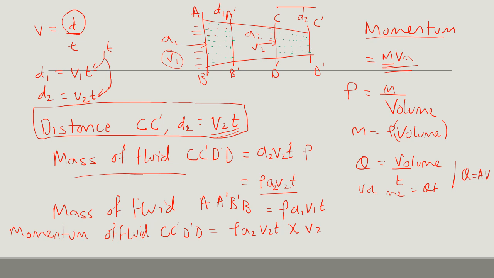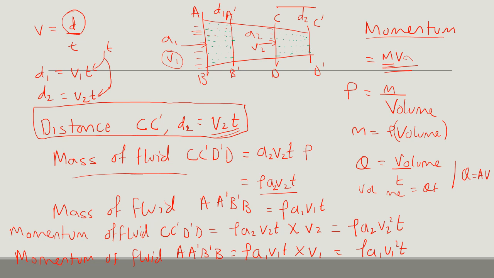Okay, this will now be equal to rho a2 v2 square t. And similarly, momentum of fluid a prime b prime b will be equal to rho a1 v1 t multiplied by v1, which will now be equal to rho a1 v1 square t.